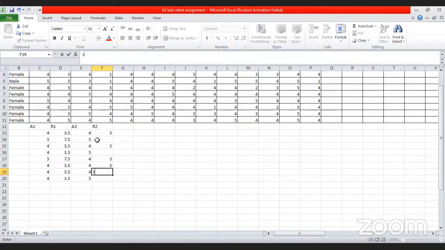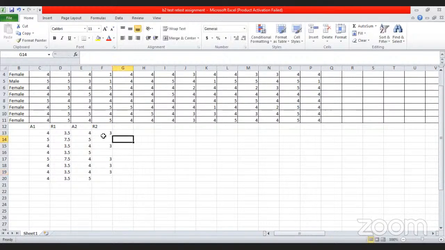Clear? 1, 2, 3, 4, 5. Is it clear? Yes. It takes 6th, 7th, and 8th position.